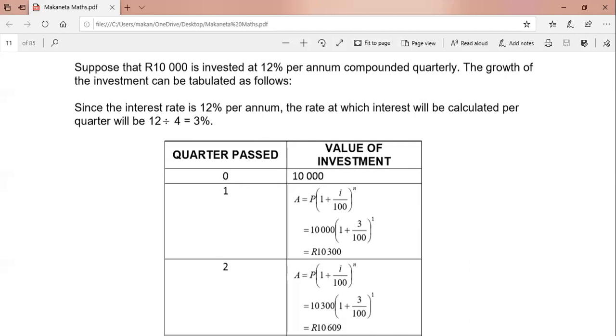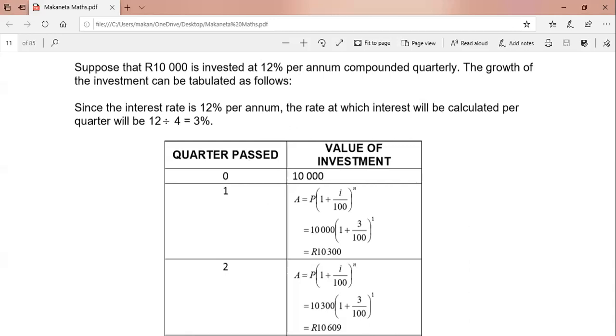And in this case, the correct formula will be A is equal to P open bracket 1 plus I over 100 close bracket, all to the power of N. And the reason why we're dividing I there by 100 is because we want to always emphasize the point that percentage always must be divided by 100. That is a must.